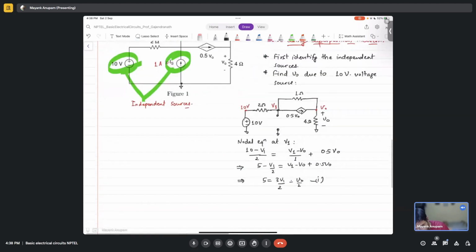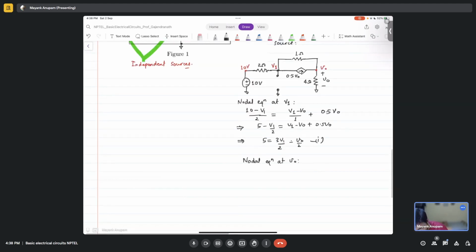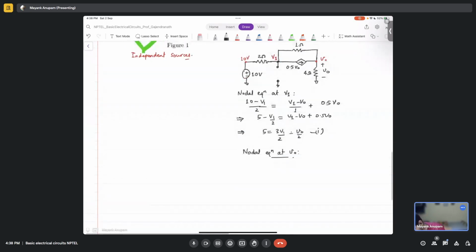Let's write the next equation, the nodal equation at V0. V0 upon 4 should be equal to (V1 minus V0) upon 1 plus 0.5 V0.